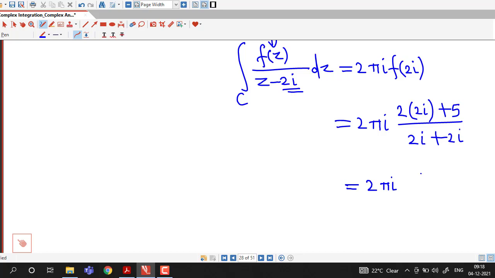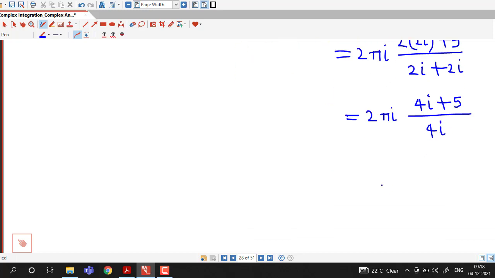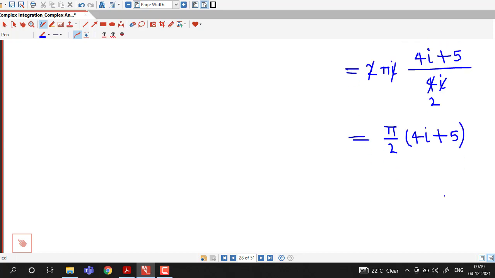If we simplify, this is 2πi times (4i + 5) divided by 4i. Now we can cancel out the 2i: 2 cancels, i cancels, and we have π/2 times (4i + 5). So this is the value of the given complex integral.